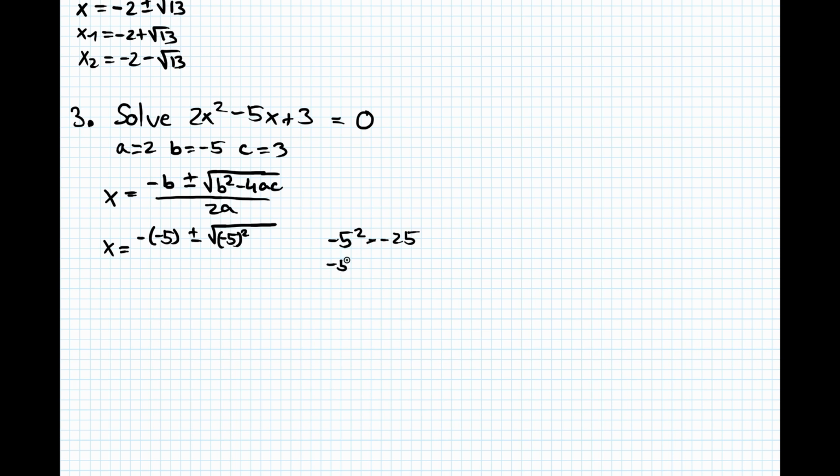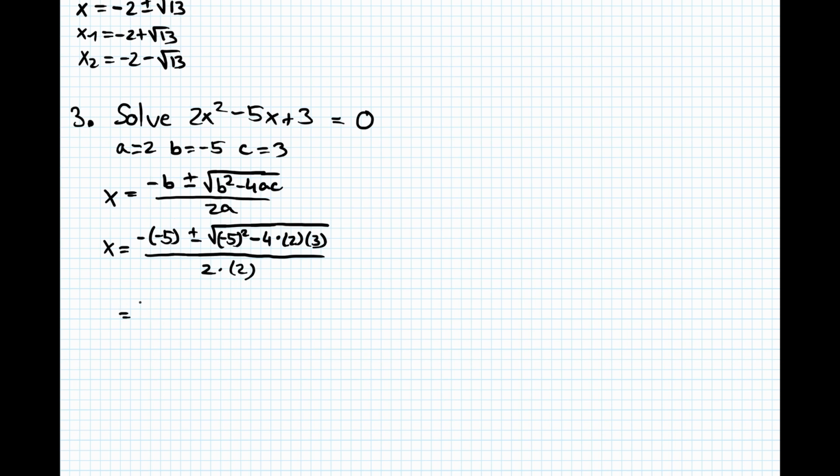Instead, the negative 5 in parentheses squared is equal to 25. Well, that's very important. Okay. And then minus 4 times a, which is 2, times 3 for c. And then everything divided by 2 times 2 for a.